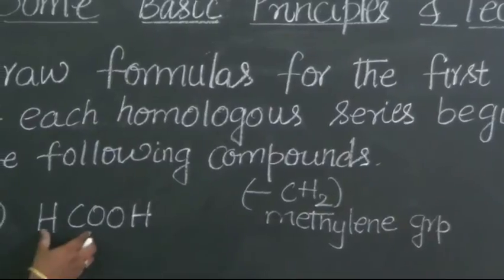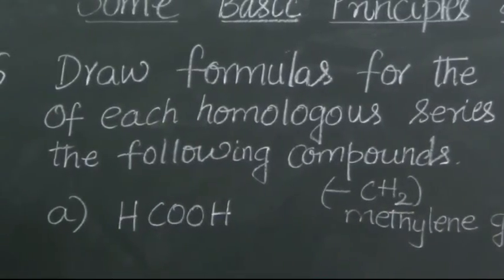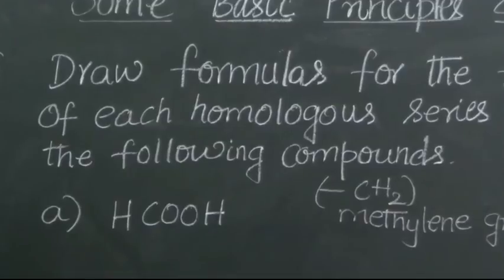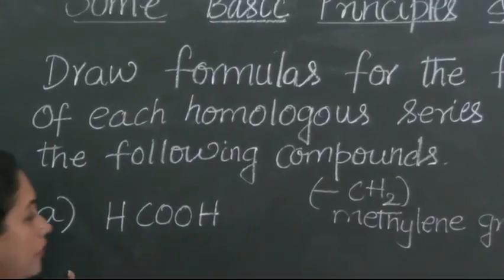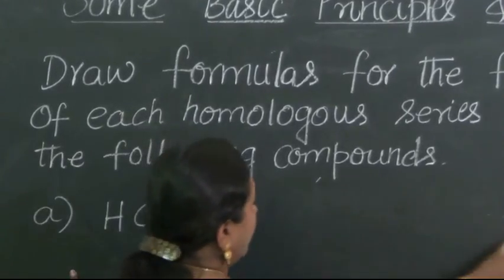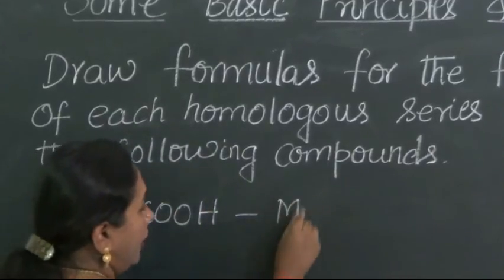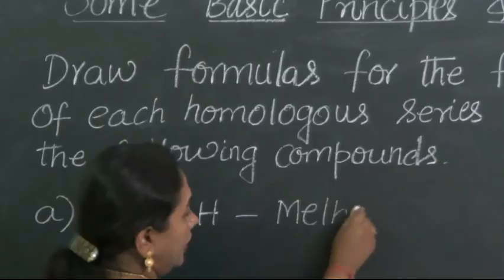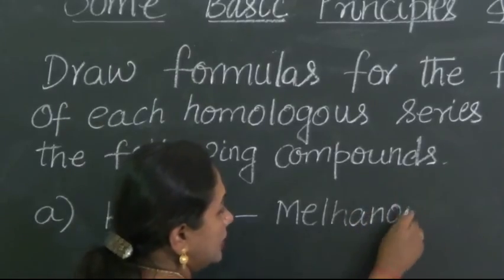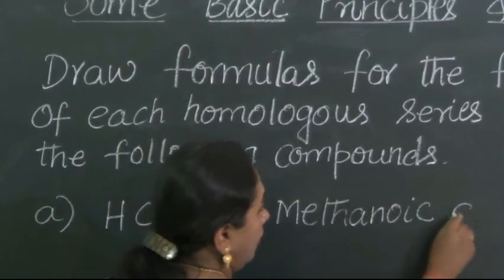So, the starting compound given to us is HCOOH. The name of this compound is formic acid, common name, and methanoic acid is its IUPAC nomenclature.